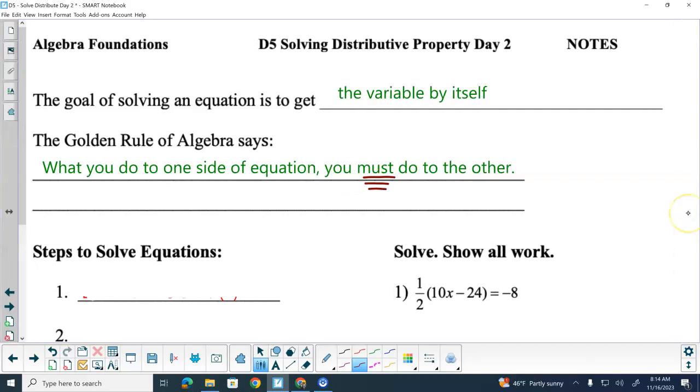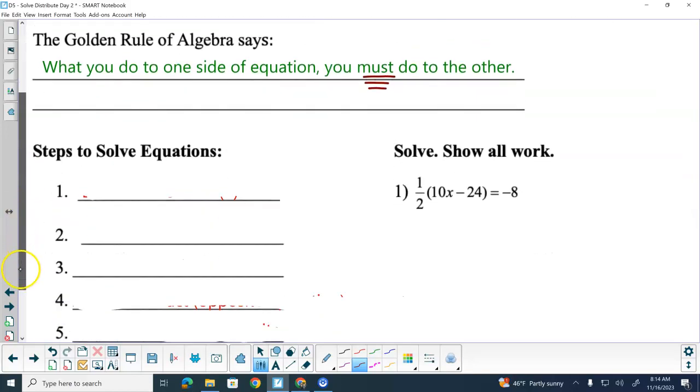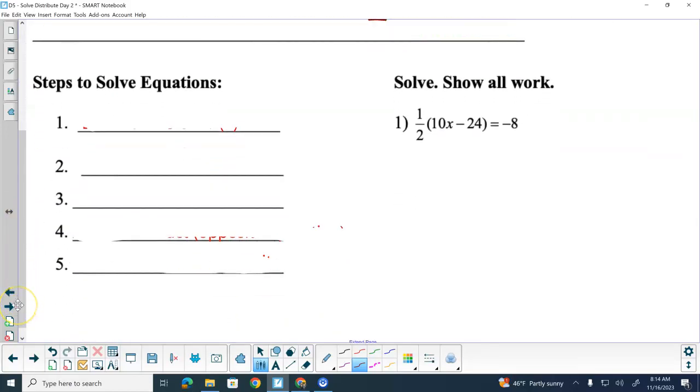Yesterday, we added a step. We added step 1 yesterday. Anybody remember what step 1 was from yesterday? Distribute to clear the parentheses. Yes. Okay. We still don't have anything in number 2. We don't have anything in number 3.